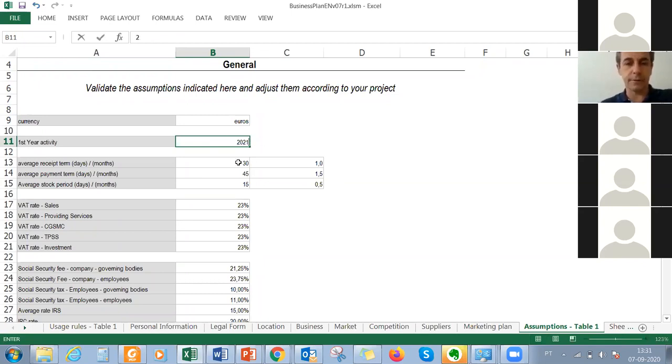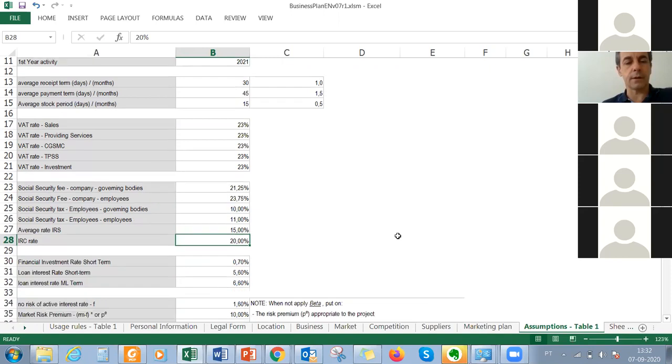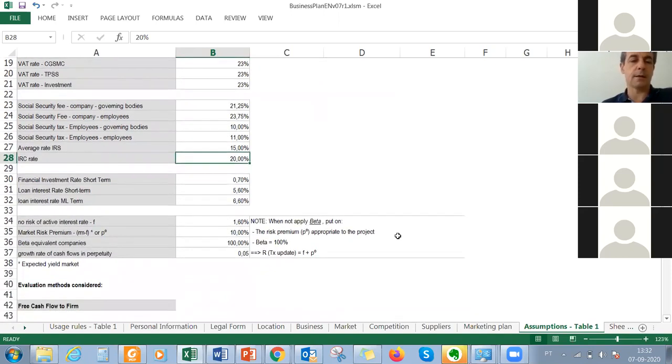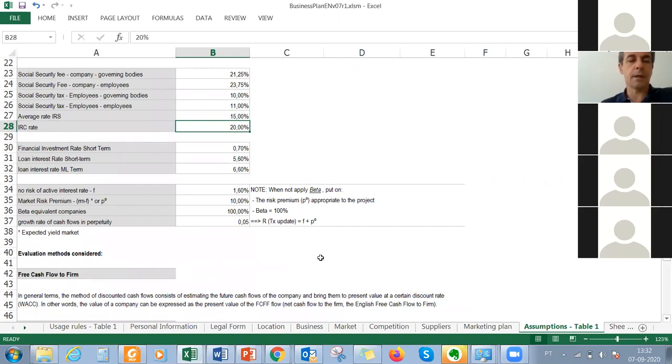So if we decide to change, there are other assumptions like VAT rates, the fees you have to pay to Social Security, to the IRS, the corporate income tax for the company.